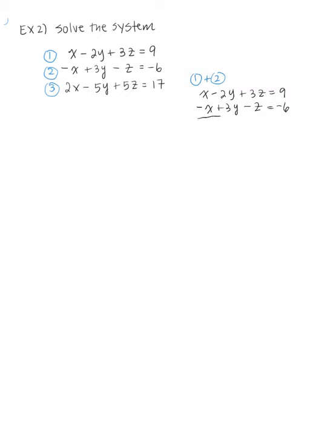Let's add them together. Notice that the x is going to cancel. That's exactly what we wanted. Who's left over? We have negative 2y plus 3y, that's just y, and 3z minus z is plus 2z, equals 9 minus 6, which is just 3.